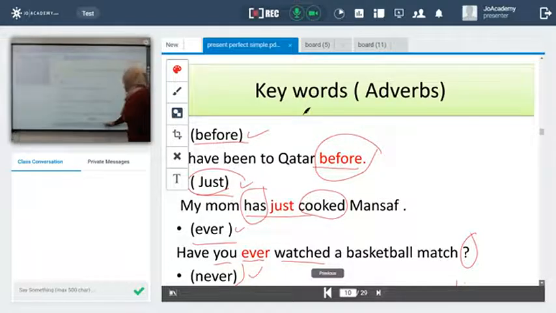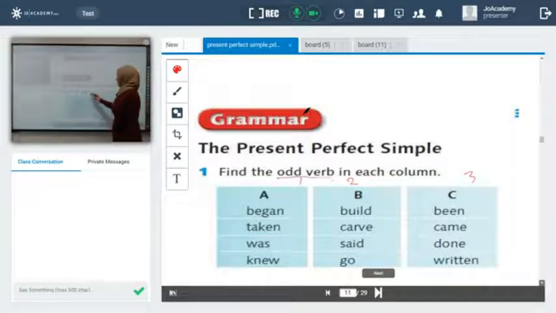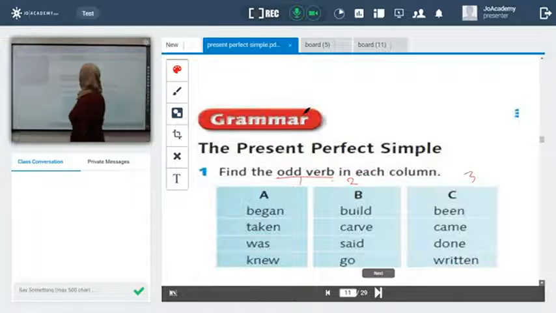What does exercise number 1 want you to do? We have 3 columns: column A, column B, and column C. In each column, there is an odd word or odd verb. So find the odd verb in each column. Let's read the columns together.